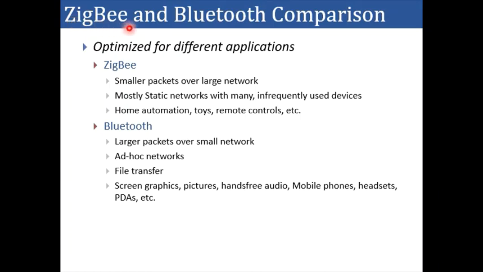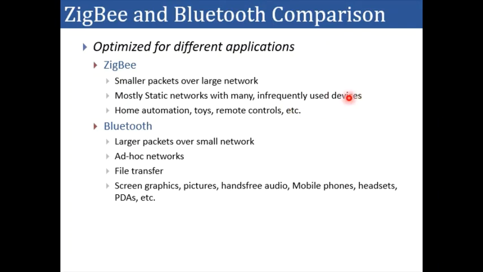Now, if we compare Zigbee and Bluetooth, Zigbee contains smaller packets and it has a larger network for data communication. It is mostly a static network with many infrequently used devices because the devices are reduced function devices with energy as a constraint.